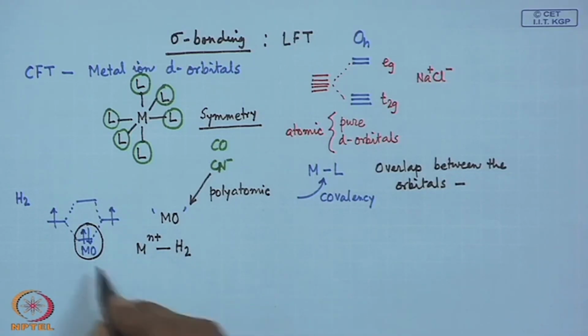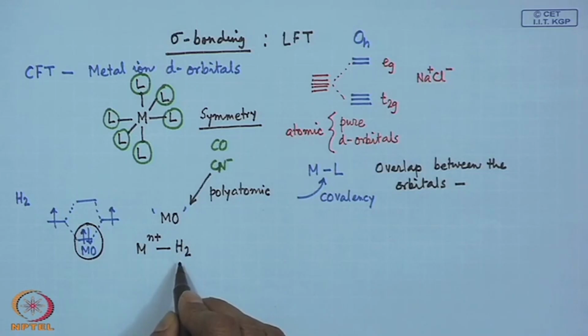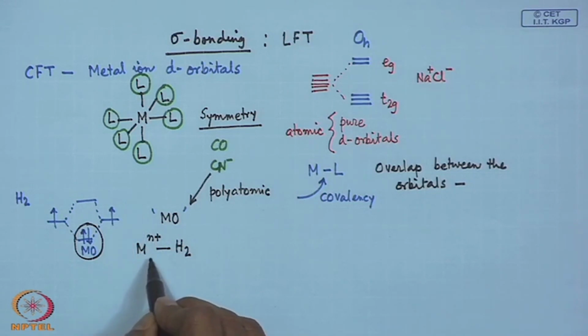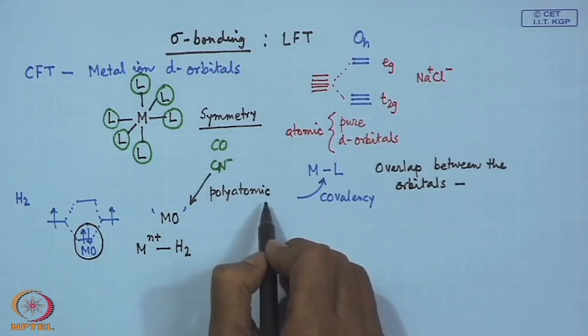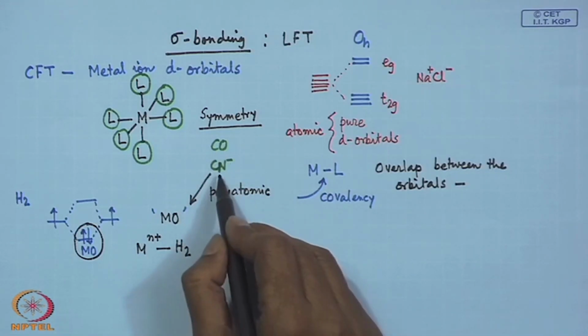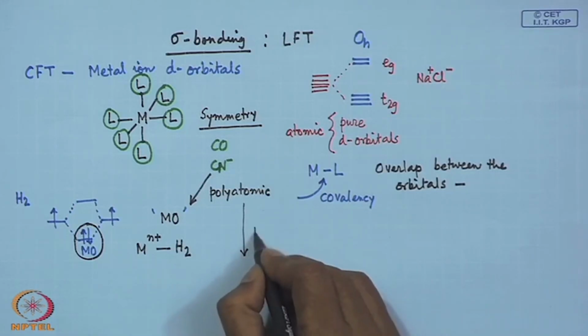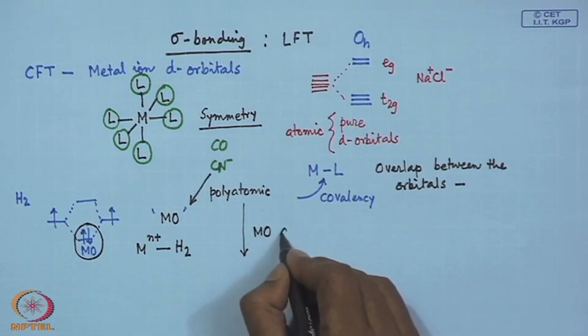We should consider the corresponding molecular orbital of the hydrogen molecule and then some combination of corresponding molecular orbitals on the metal ion. So for polyatomic systems like carbon monoxide as well as CN minus, we have the typical molecular orbital picture or molecular orbital diagram.